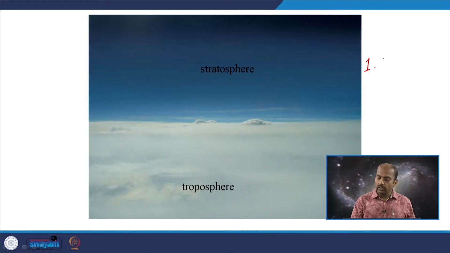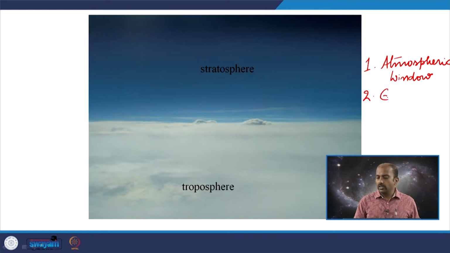In continuation to that discussion, today we will try to understand what the atmospheric windows are, in terms of radiation, let us say. Then after the atmospheric window discussion, we will try to understand the general circulation of the atmosphere.